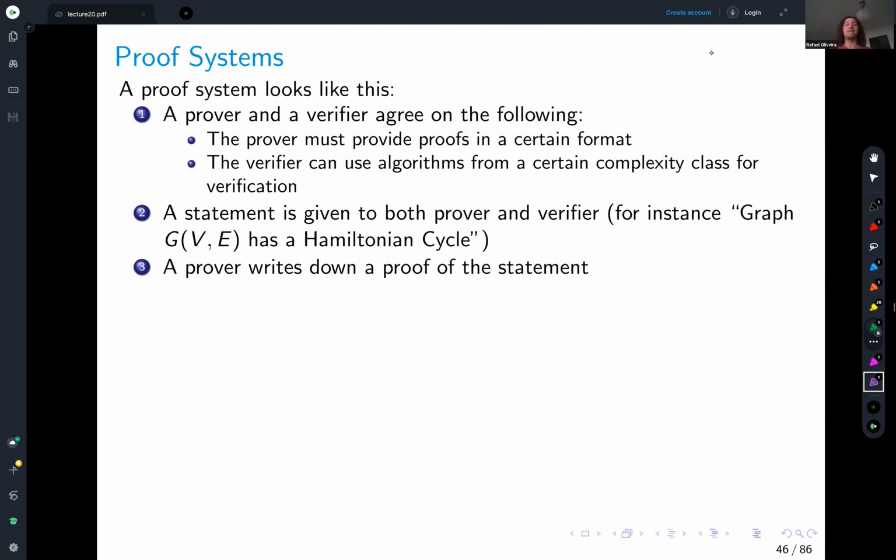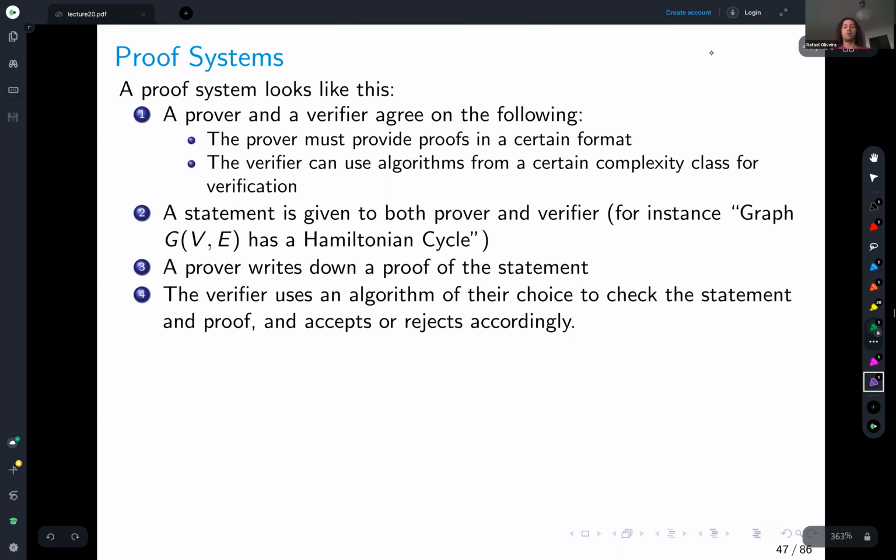The prover will write down a proof of the statement and send this proof to the verifier. Then the verifier can use its algorithm to check the statement and proof and accept or reject accordingly, like what we did for Hamiltonian cycle. So what would be the proof that the verifier could demand? The verifier can just say, if you can prove it, just give me a Hamiltonian cycle, and then you can check. Does that make sense?